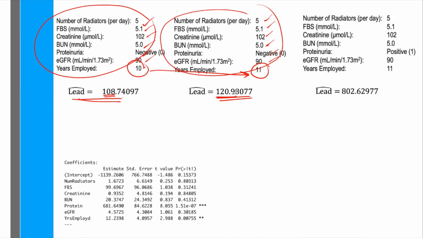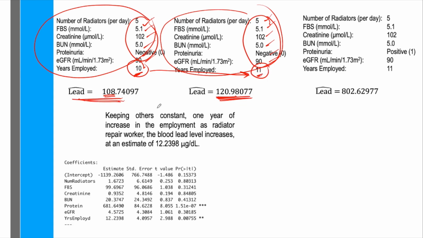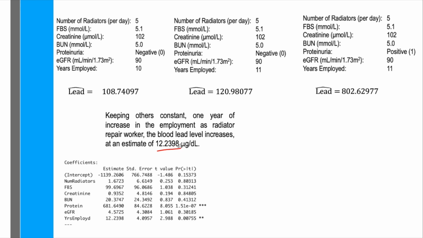120.98. So this shows that when all of these are held constant, 1 year increase in the employment will increase the blood lead by 12.2398, which is simply the difference from 108.74097 to 120.98077.